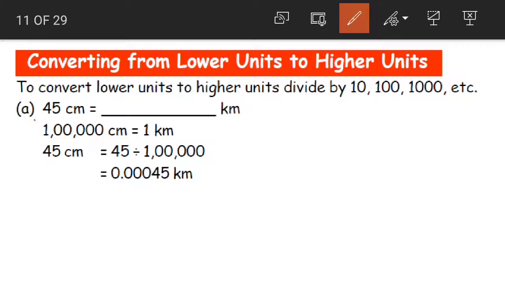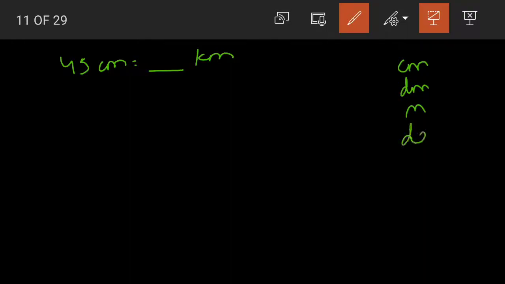Coming to the first example here, 45 centimeters is equal to dash kilometers. When we look at the hierarchy here, again we have centimeters, decimeters, meters, decameters, hectometers and kilometers. Centimeter is somewhere here. It is a lower unit of measurement which we are converting into kilometers. That is a higher unit of measurement.